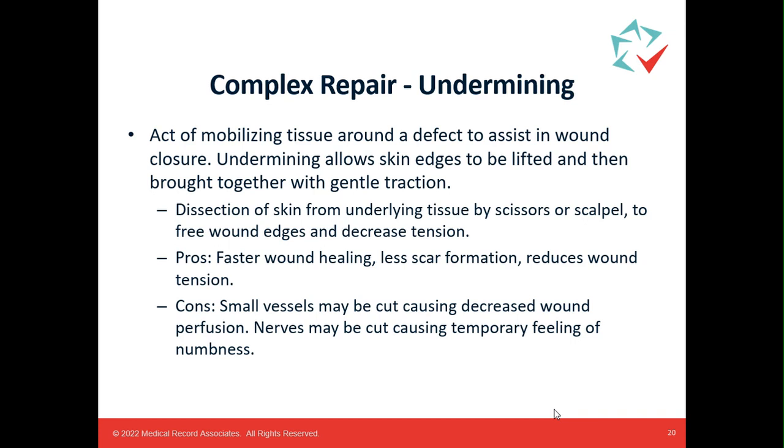The good thing about undermining is we get faster wound healing, less scar formation, and because we're reducing wound tension, less instance of wound adhesions. Some cons: we may have some small vessels that are cut, which will cause decreased wound perfusion, and sometimes nerves can be cut, which can cause a temporary feeling of numbness in the area.